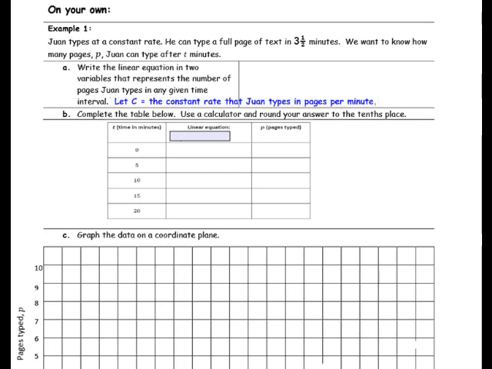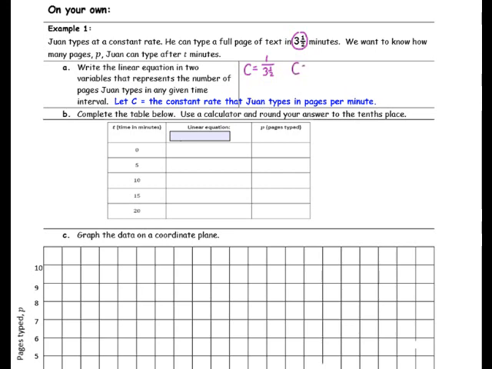Let C equal the constant rate that Juan types in pages per minute. We're given the rate C equals 3.5 minutes for 1 page, 1 over 3.5 minutes. Remember that time is your denominator.